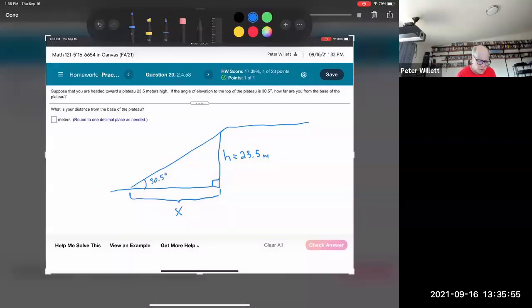So from this, I know that tan of 30.5 degrees is going to be equal to the opposite to tangent, which is 23.5 meters, divided by the adjacent to the tangent, which is the X that we're trying to figure out.